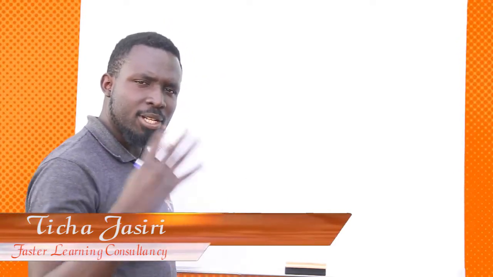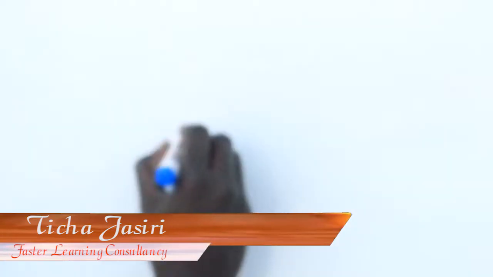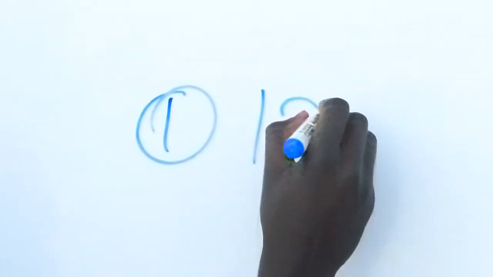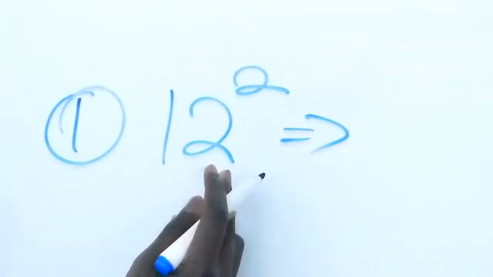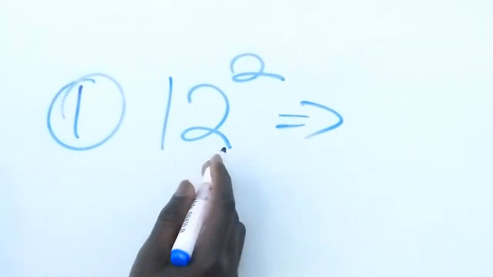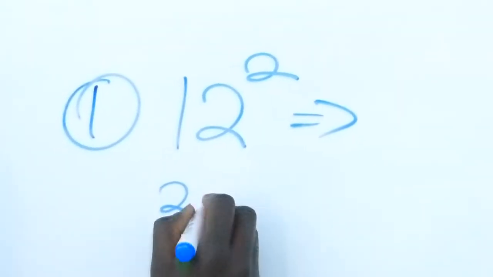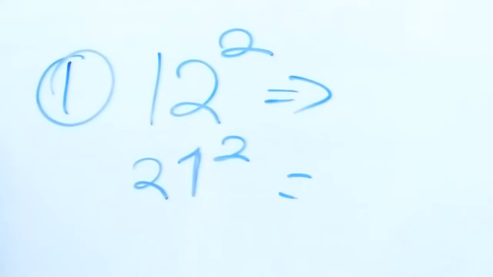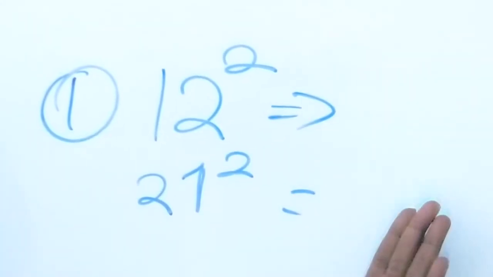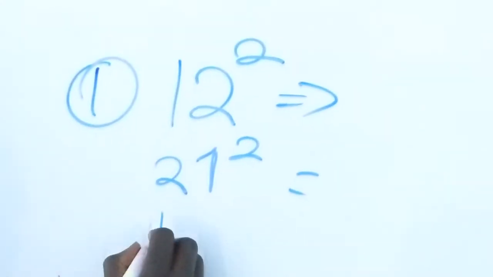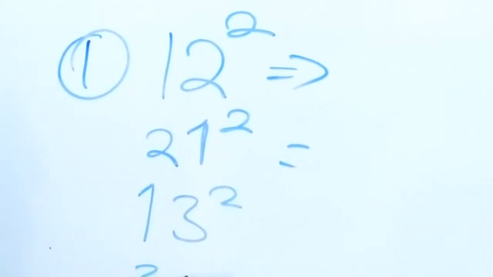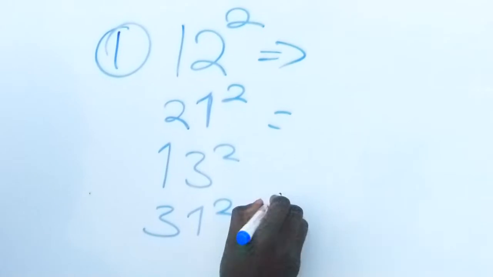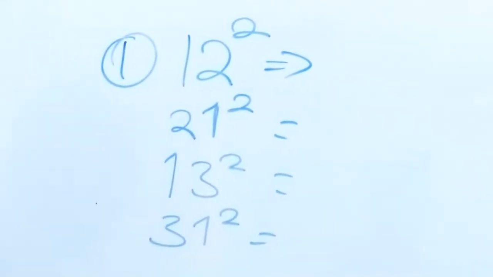The first number I'm going to work on is 12 squared, and we'll see how it mirrors, because if you change 12, it becomes 21. That means 2 comes first and then 1, and then you square it, and you will see how that behaves. And then if you come to 13 squared, we also want to look at how 31 squared behaves, okay? So this is our takeaway for today.